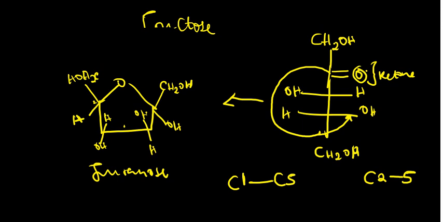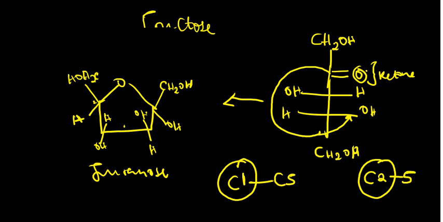So this is to tell you that for glucose to form a ring, the aldehyde group on carbon number 1 is what binds with carbon number 5, and in fructose, the ketone group on carbon number 2 is what binds with the OH on carbon number 5. So this is to tell you that it's the functional groups participating in this chemical reaction that we're able to see.